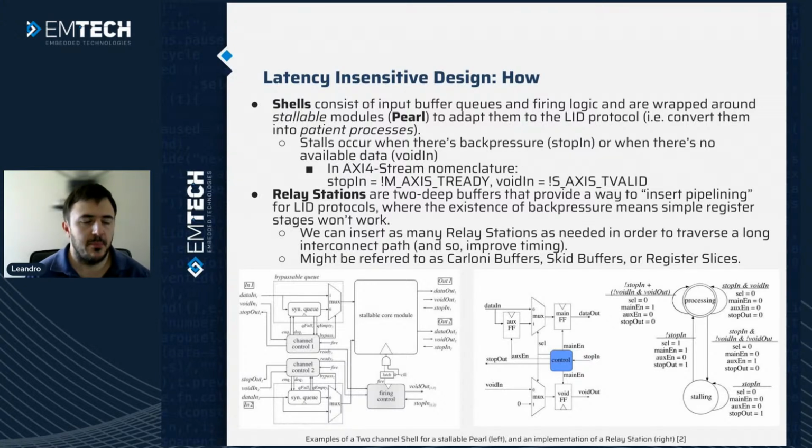And this wrapper adapts everything into a clock enable, and it also presents buffering at the input. The example below to the left is from one of his papers. It's actually a shell for a 2 input and 2 output module.